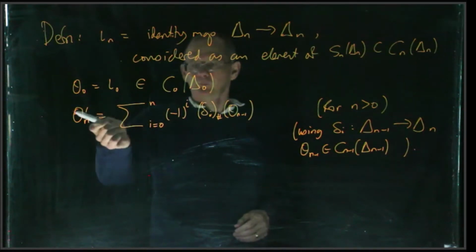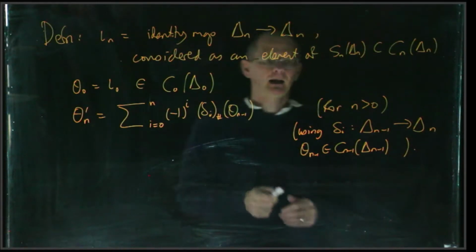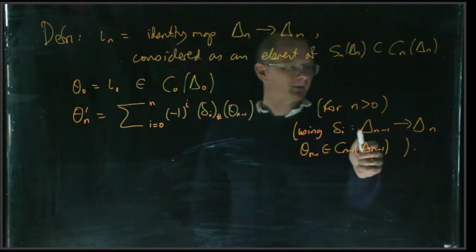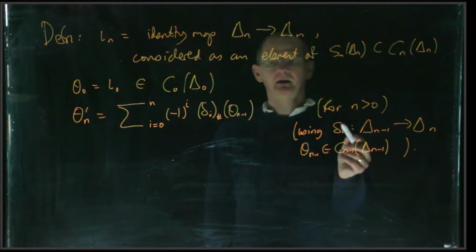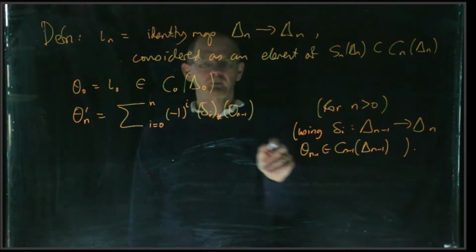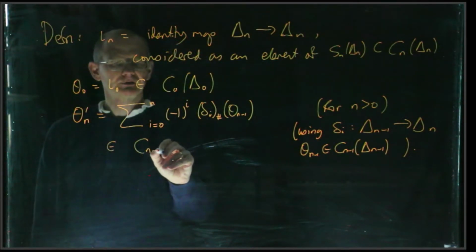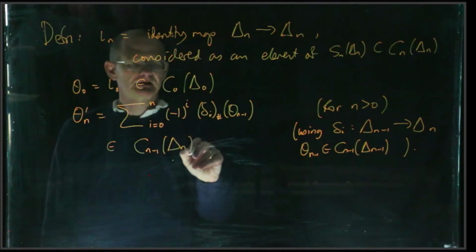We're supposing that we've already defined θ_{n-1}, and we've got these maps δ_i from the (n-1)-simplex into the n-simplex, and using those we can push forward this θ_{n-1} to get an (n-1)-chain in Δ^n.